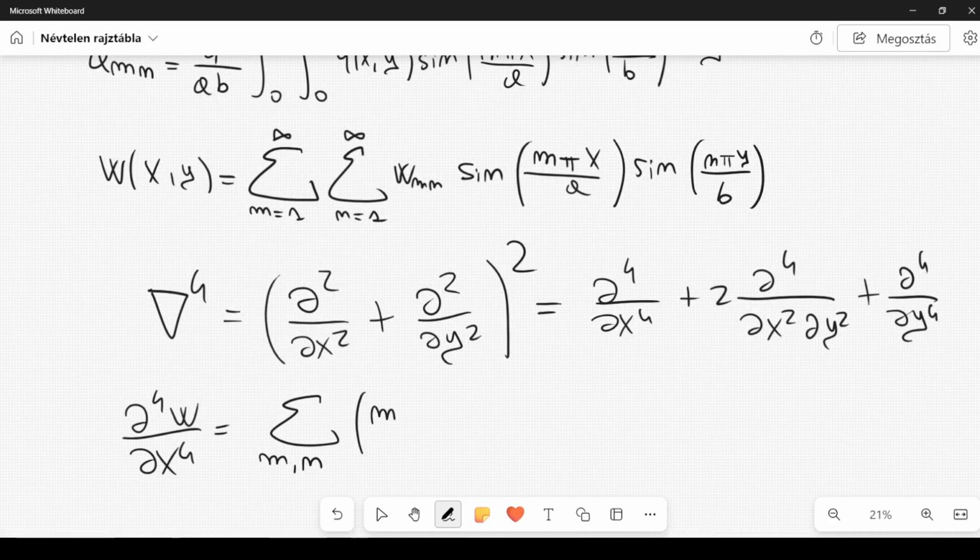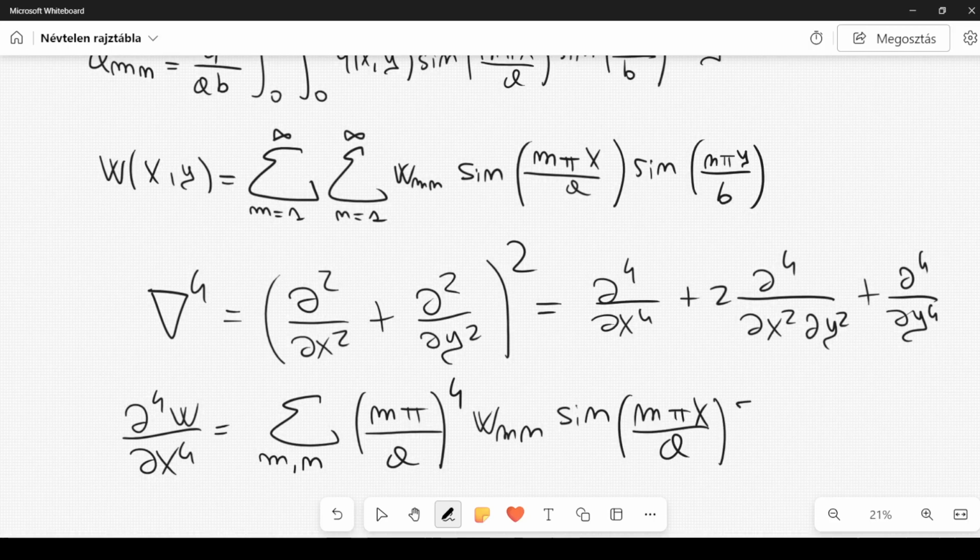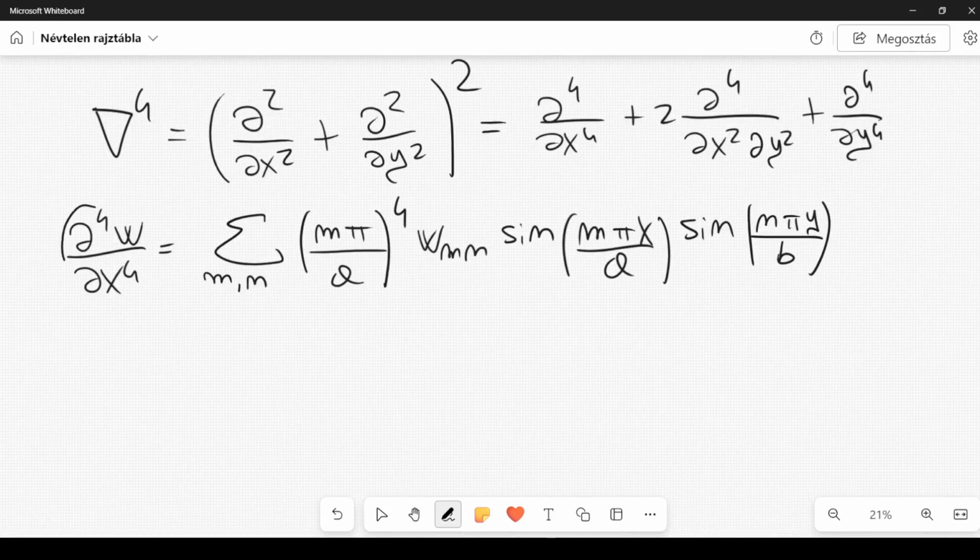And we have m pi over a to the 4 wmn sine of m pi x over a sine of n pi y over b. So you can see that this derivative operator, these four derivatives, will only act on this sine to produce this coefficient in front of this wmn.